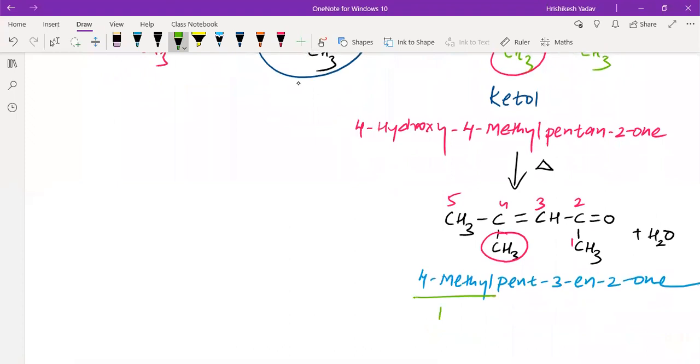This is your prefix, and pent is the word root, this is the primary suffix, and this is the secondary suffix.